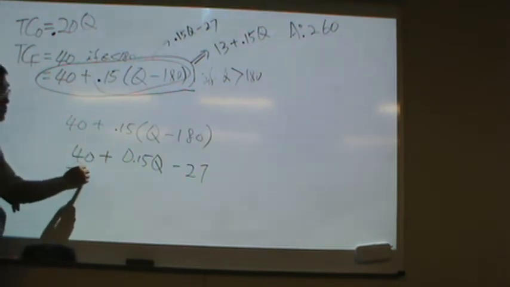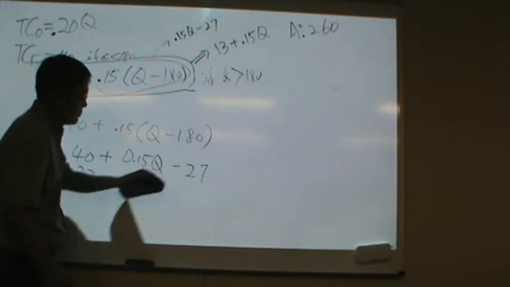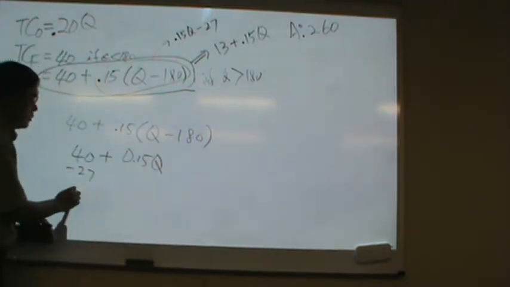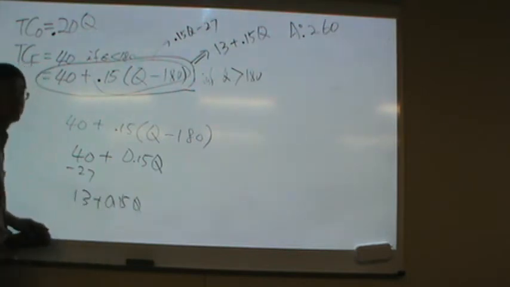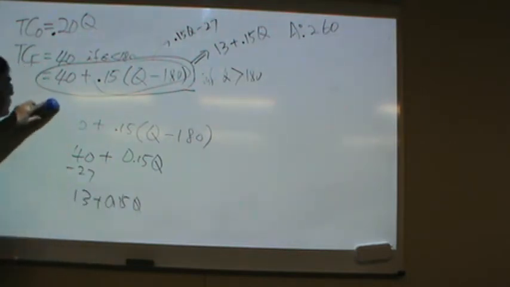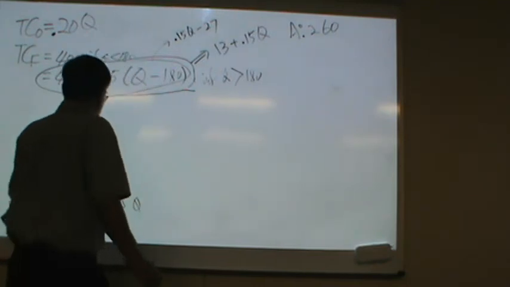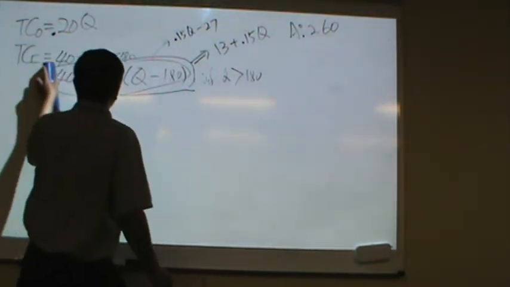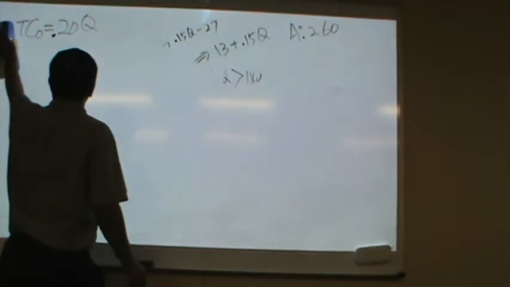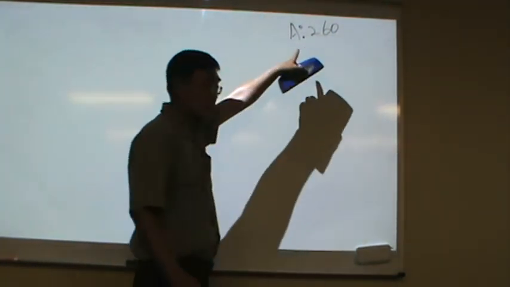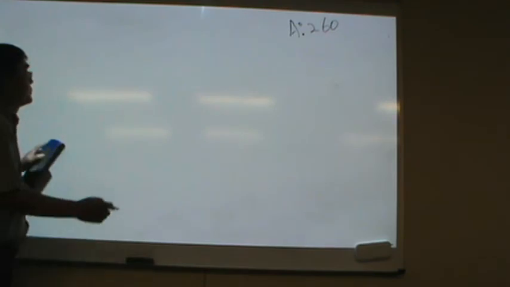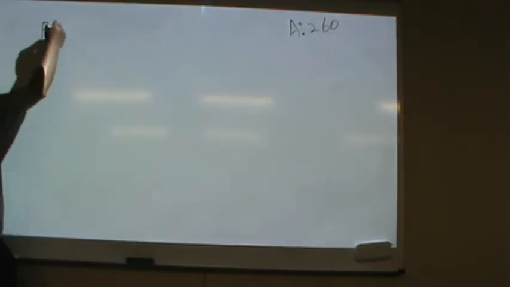Oh. 40 minus 27, 13 plus 0.15 Q, right? Okay. Then A is on 260.